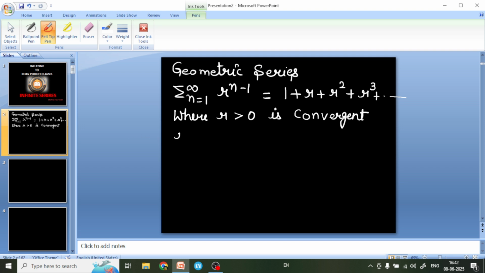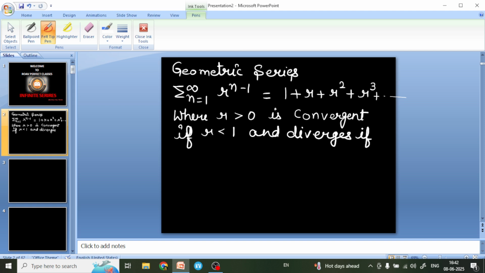If r is less than 1, it converges, and it diverges if r is greater than or equal to 1.